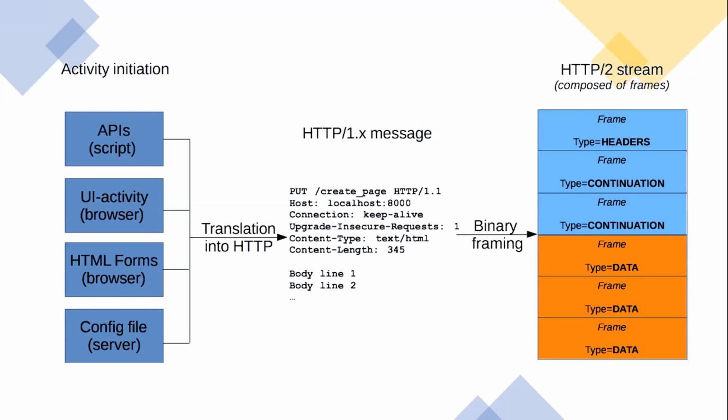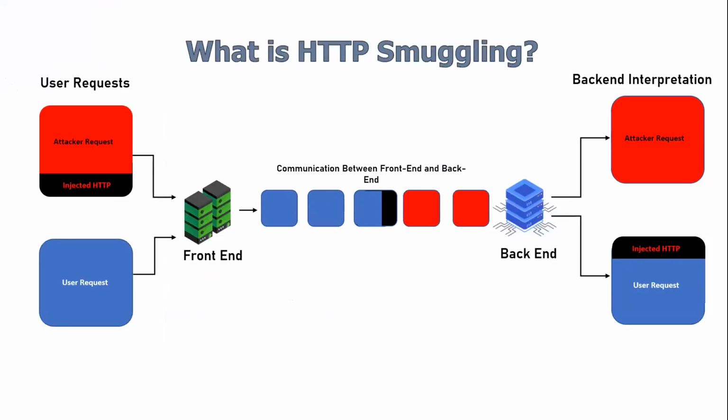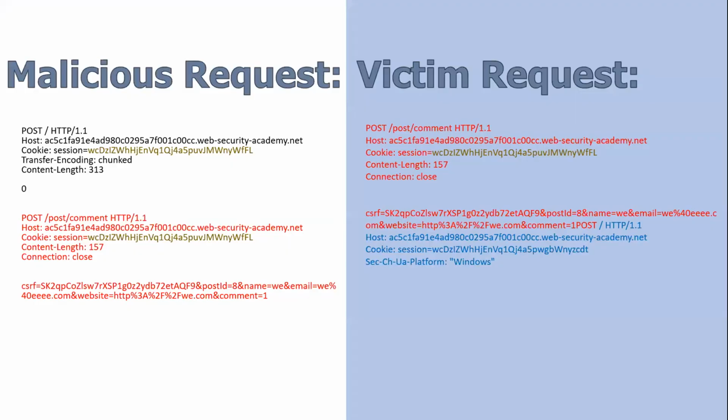Now, let's get deeper. If you want to talk about smuggling, I'll go straight ahead and talk about smuggling. I'll show you this slide, then I'll go back and return to it. Basically, what we're seeing here on the left is a request.